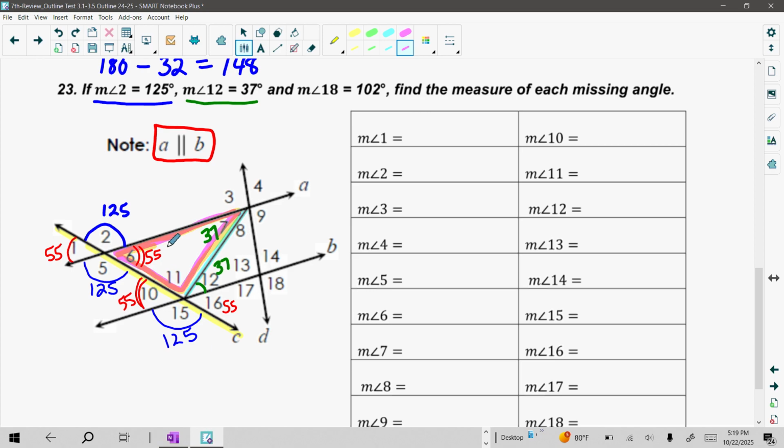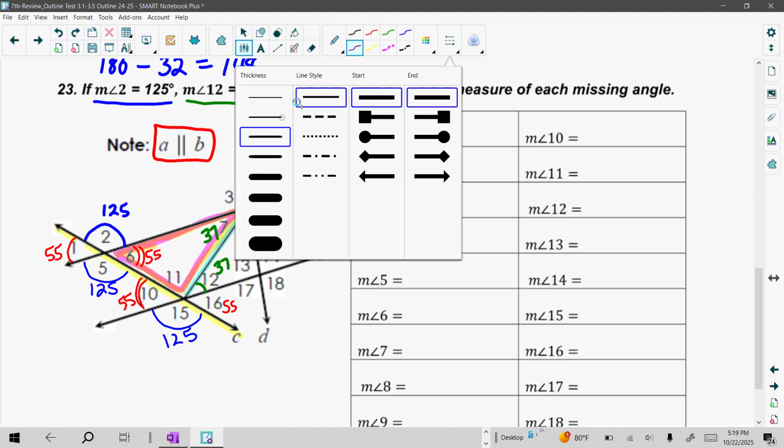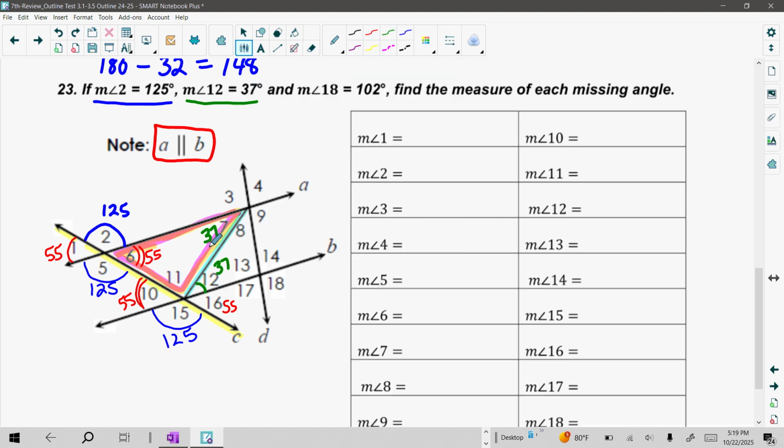And the 3 angles in the triangle make up 180. So I could find angle 11 by adding our two angles here. I'm trying to think where I can put it to make it make sense. I'm adding the 55 and the 37. That gives me 92. And then I'm subtracting that from 180. So this would give me 88.